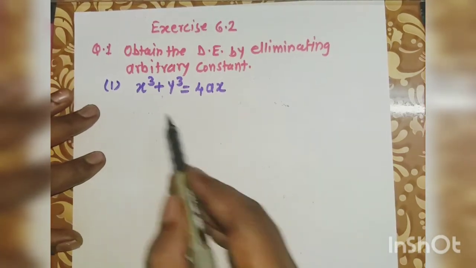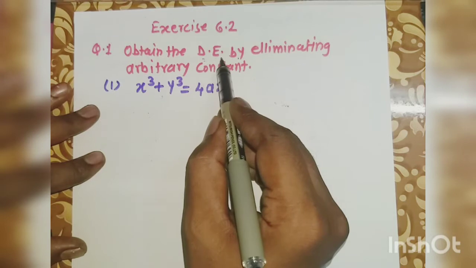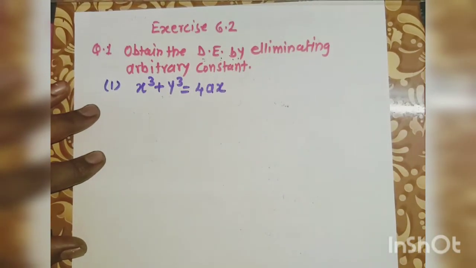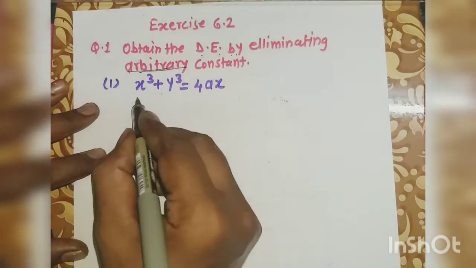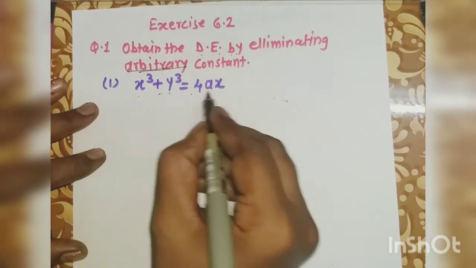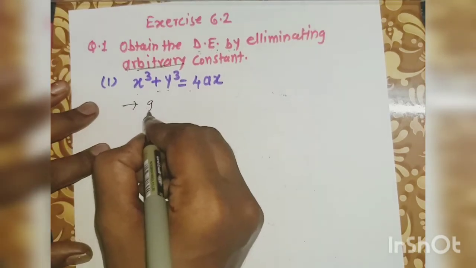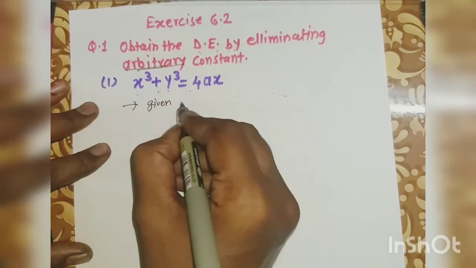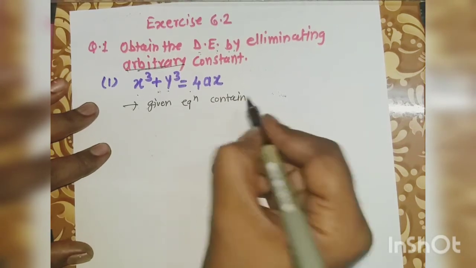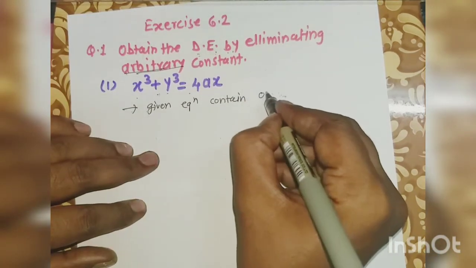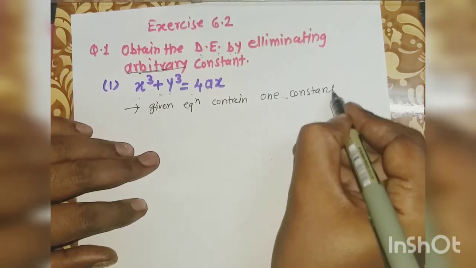Exercise 6.2, question 1: obtain the differential equation by eliminating the arbitrary constant. Most important, x cube plus y cube is equal to 4ax. Now, the given equation contains one constant, a.